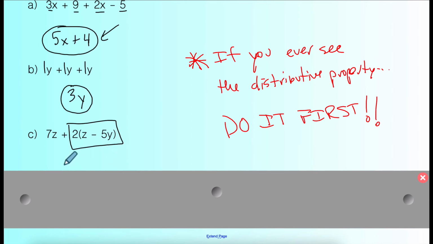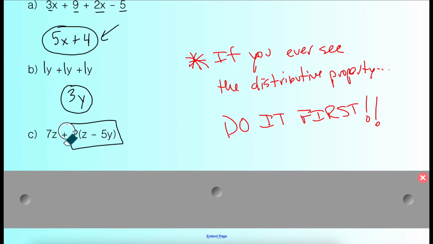Before you go hunting for like terms to combine, do the distributive property first. You have to get rid of the parentheses before you can start combining like terms. If you try to combine like terms before you've done the distributive property, it's not going to be correct. It's not possible to do. You have to distribute first and get rid of the parentheses.